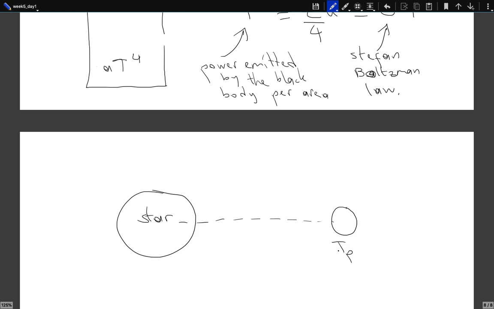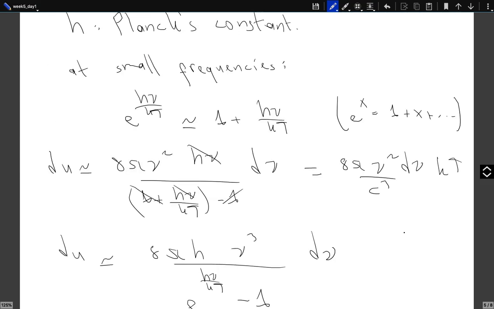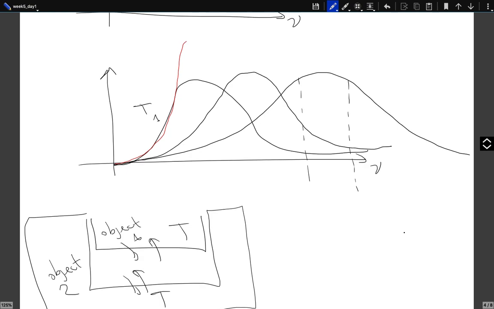So, okay, what we had achieved up to now, for some reason, it turns out that the matter, when it's emitting radiation, can only emit radiation in packets of h nu. So, in fact, that is why for large frequencies the spectrum just goes to zero.